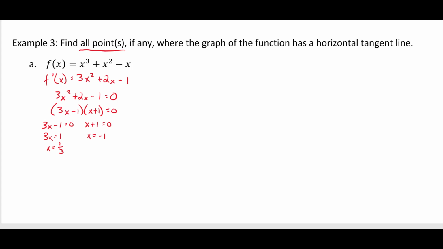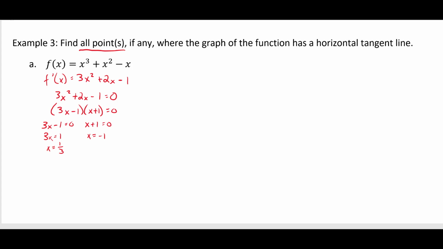Think of it like when you're mailing a letter, if anyone still does regular snail mail anymore, you have to have the street with the house number and the zip code for your letter to get to the right place. So here, to get to the right place, you got to have the x and the y. So you got to have the full point because I asked for the full point. If I just said find the x values, then you could just tell me, okay, x equals 1/3, x equals negative 1. But I asked for the full point. So let's find our y coordinates.